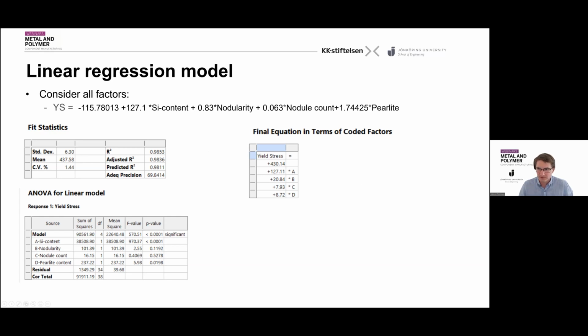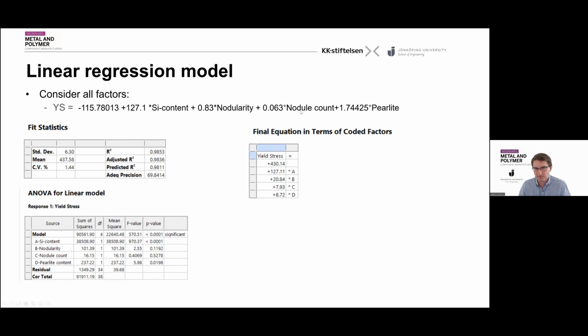Also, to look at the effect of the different factors, see which one is most important, we cannot really tell from this equation on the top, because this silicon content goes from 3.6 to 4.6 about. The nodularity varies more, and the nodule count also has different values, which is typically in hundreds.